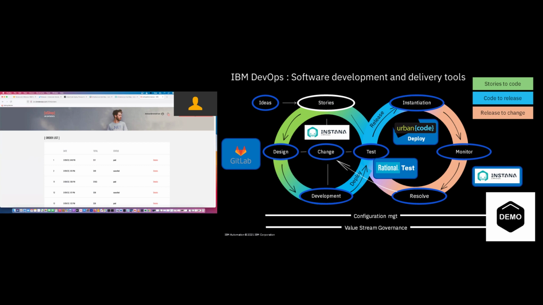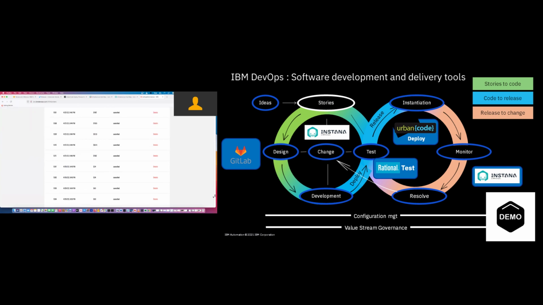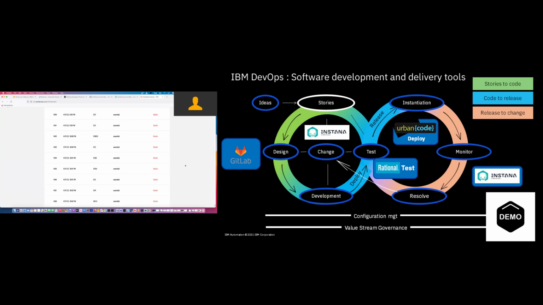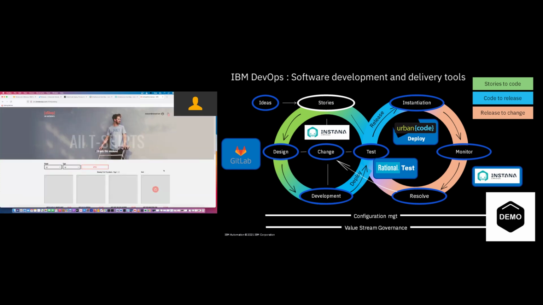Yes, it looks like it's being submitted fine. That's good news. And let's go to the bottom and just click continue shopping to get back to this page. Okay, so now that we've done that, there is something going on here, but let's go into Instana to see what's happening behind the scenes.